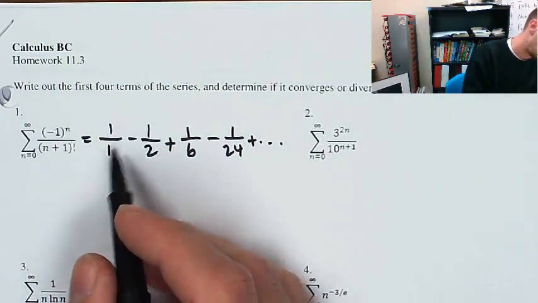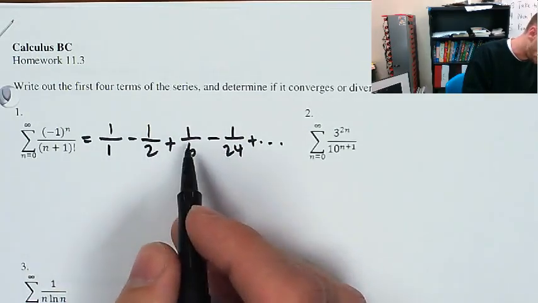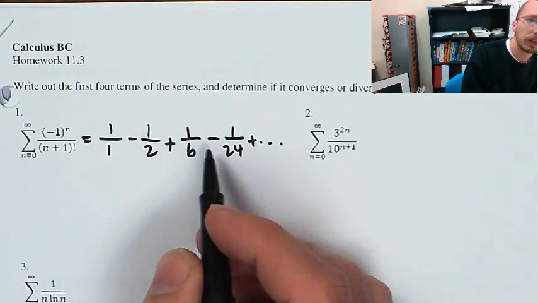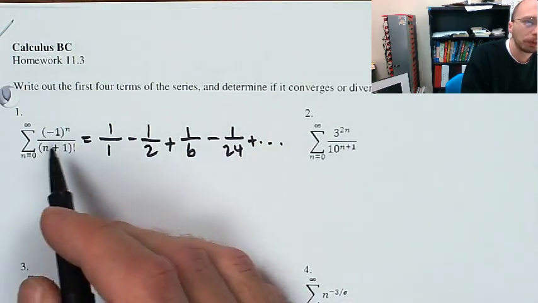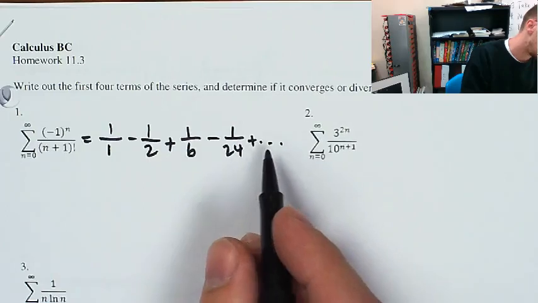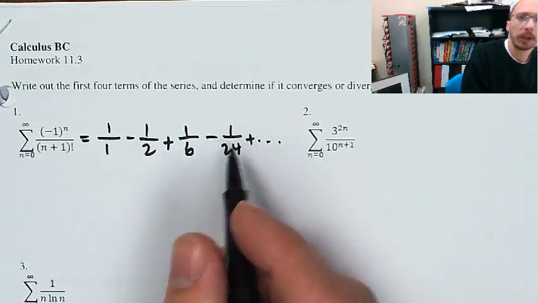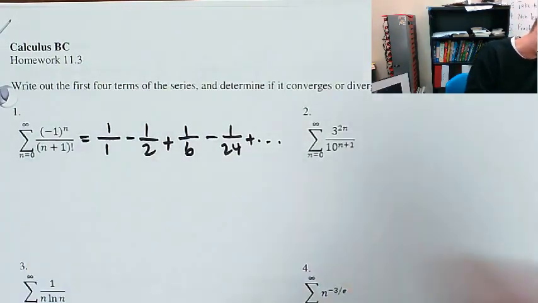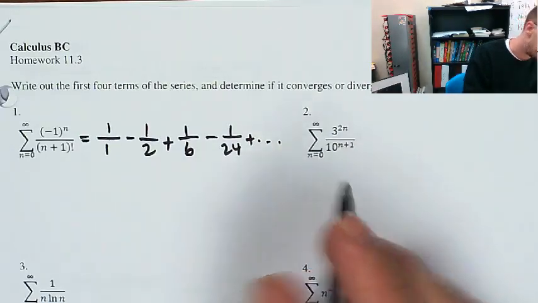All right, and I'm going to say, these terms are alternating. They are decreasing in absolute value, right? Because really n plus 1 is growing, and this is not. And their limit is 0. These terms are going to get as small as you want them to get. So it's going to converge by the alternating series test.